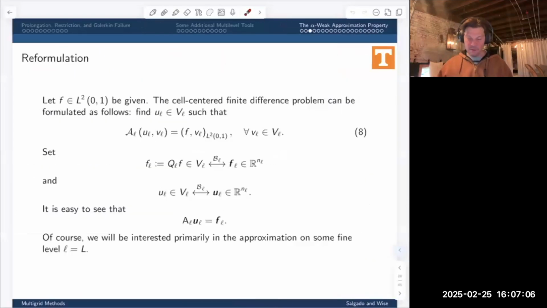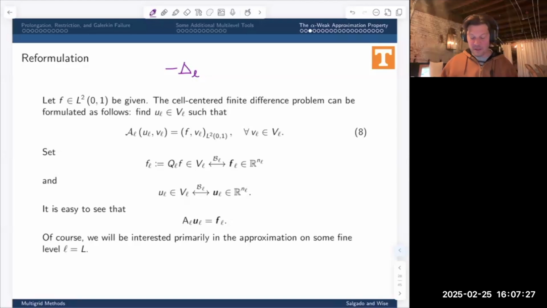So last time I argued that we could reformulate our problem in two different ways. The first way is instead of thinking about the cell-centered finite difference problem, which we can write in approximation form like this.